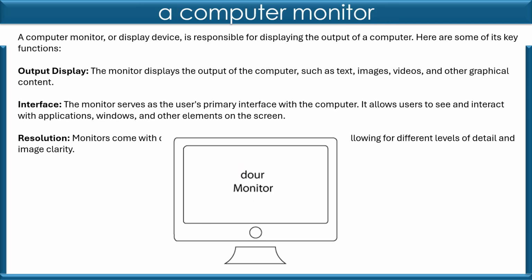And then a computer monitor as another component. A computer monitor, or display device, is responsible for displaying the output of the computer. Here are some of the common functions: it outputs display, interface, and resolution.